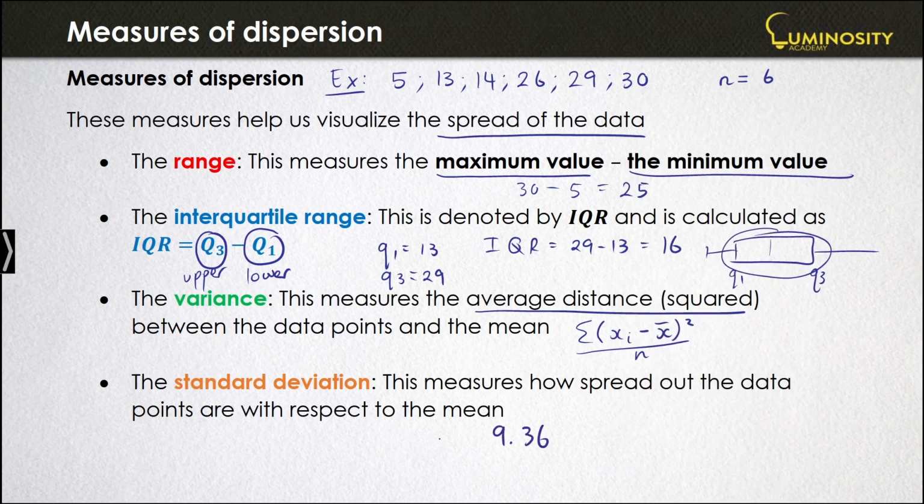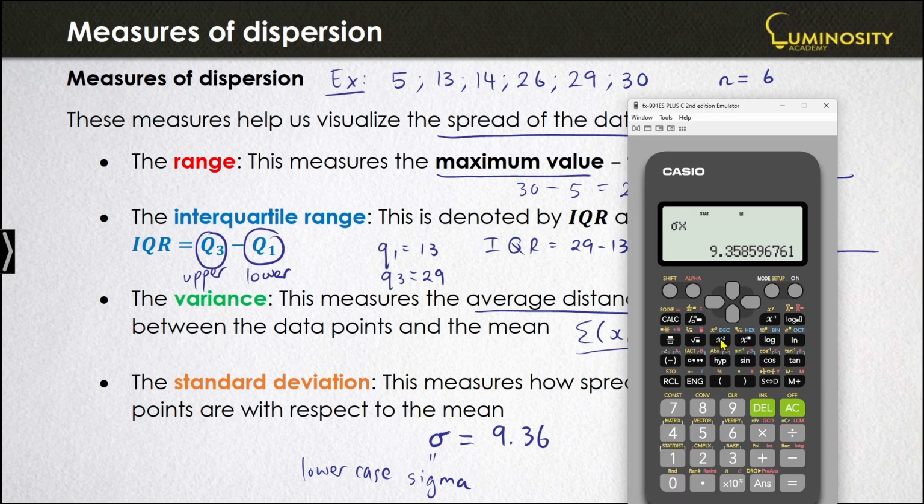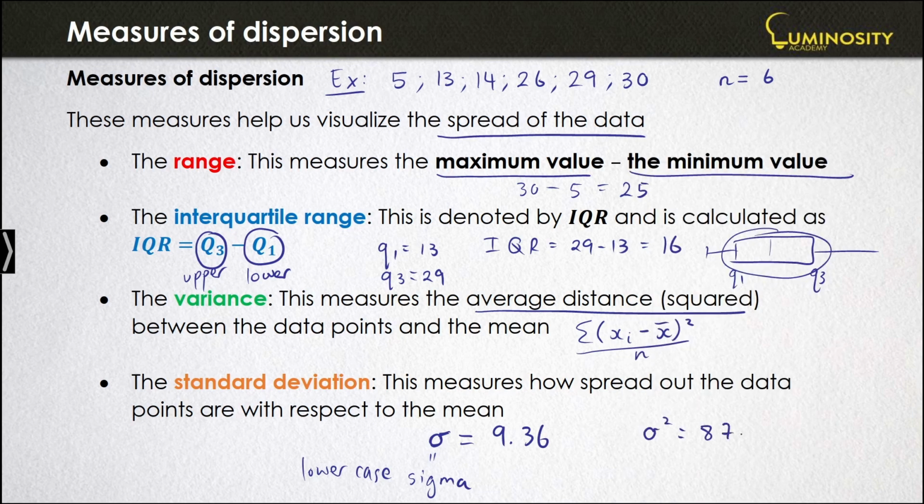And the symbol we use is sigma. So this is a Greek letter. This is the small letter for sigma. Okay, so it's a lowercase sigma. And when we square that value, we get the variance. So if I square that value, 87.53, that is this value here. That is known as the variance.